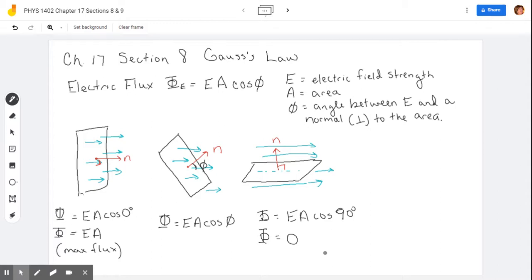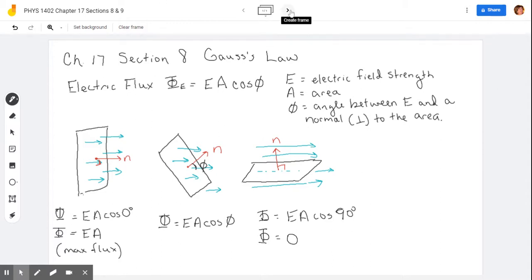Okay, so that's what electric flux is. A flux is this product of the electric field strength and the area multiplied by cosine phi. So it's that part of the electric field that is actually perpendicular to the surface. The electric field that's parallel to the surface does not contribute to the flux.